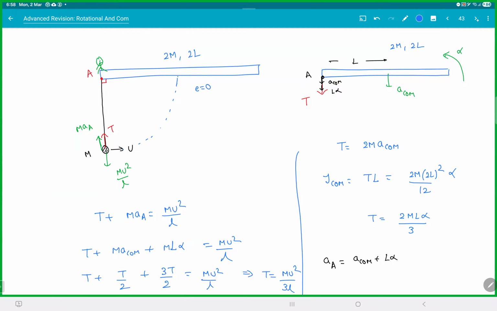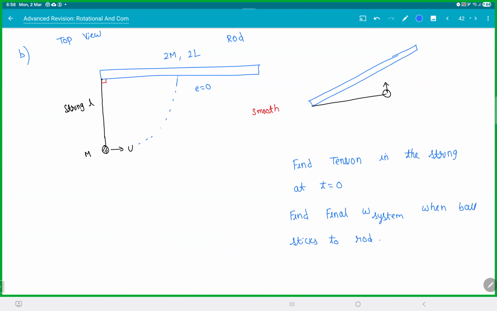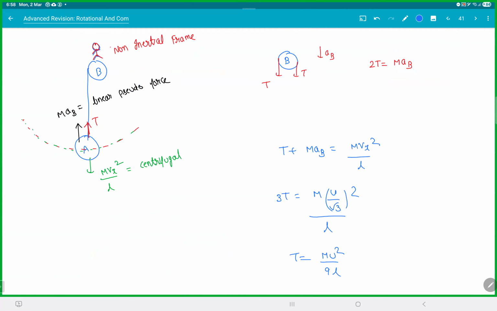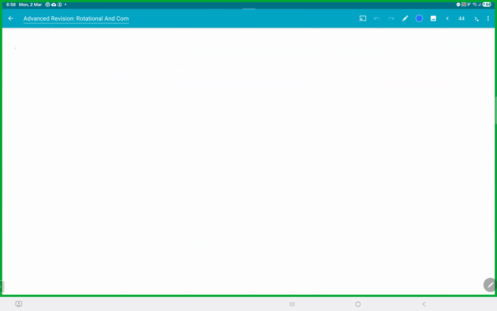Next thing. Let's see. Theta, this is mu, height h.